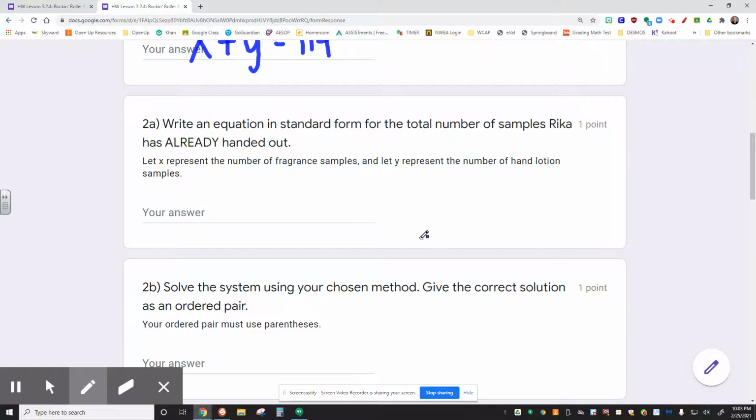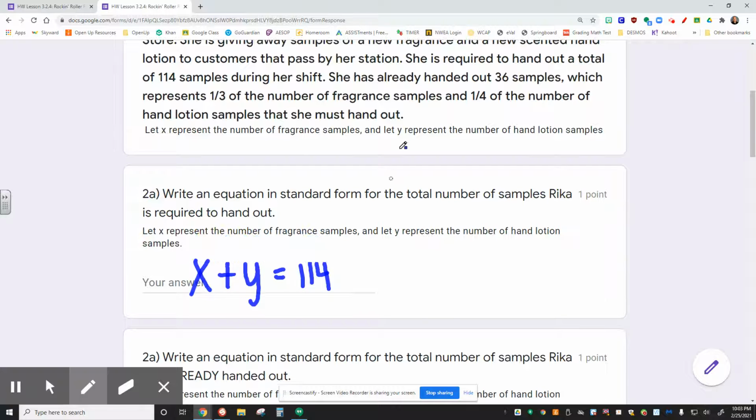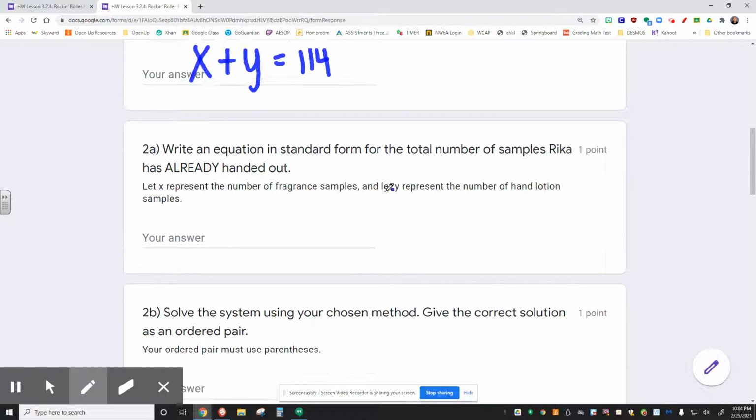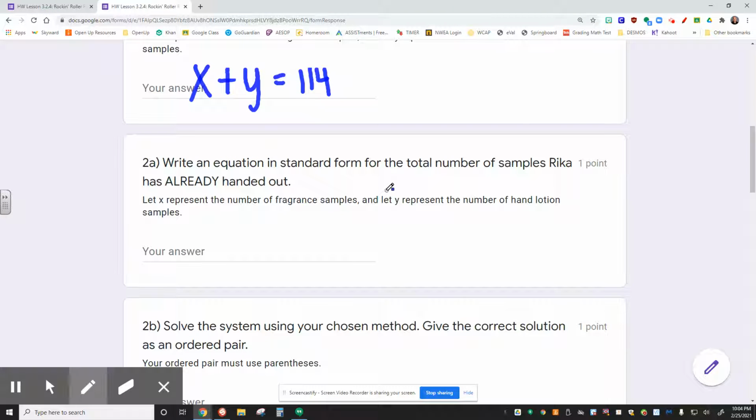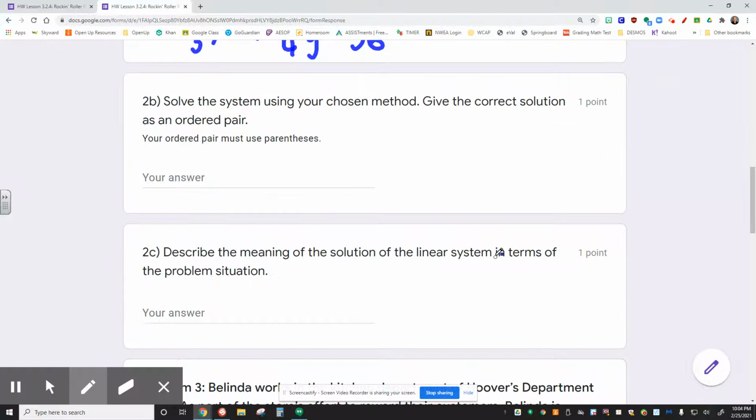On part 2, we're talking about the number of samples she's already handed out, 36 samples, which is 1/3 of the number of fragrance samples, X, and 1/4 of the number of lotion samples, Y. So she's handed out 1/3 of the fragrance and 1/4 of the hand lotion for a total of 36 samples. Okay, there's your two equations for part 2. The rest of it's up to you.